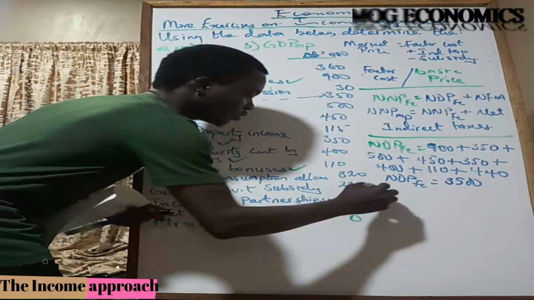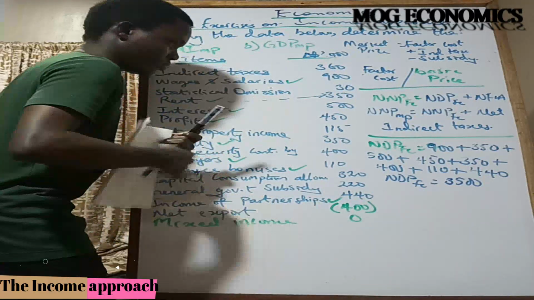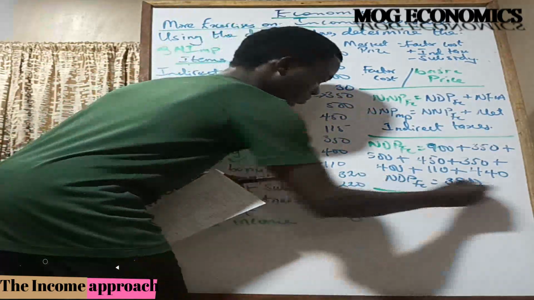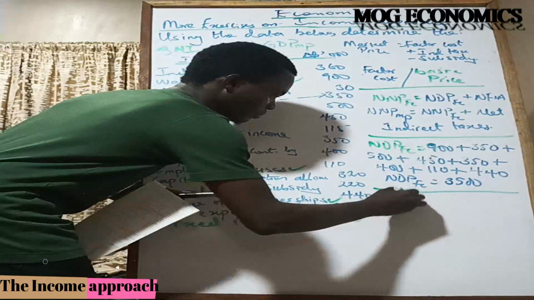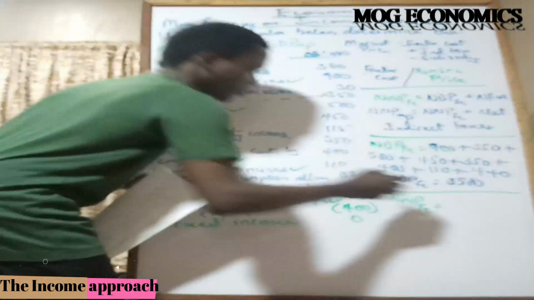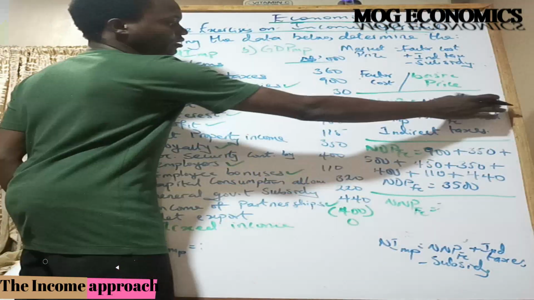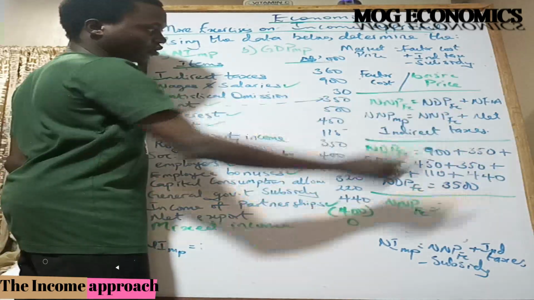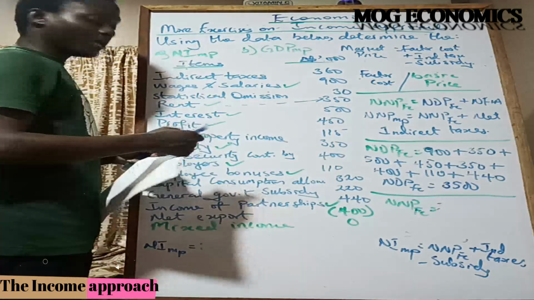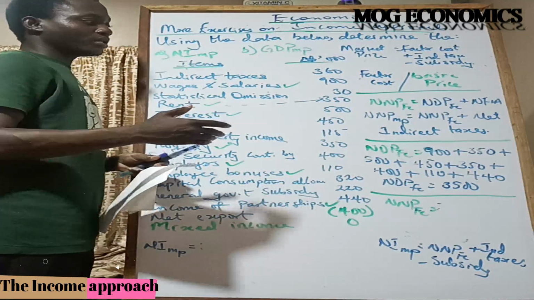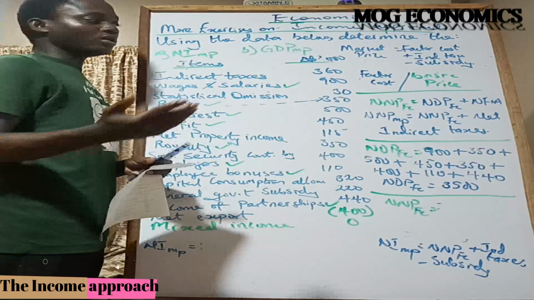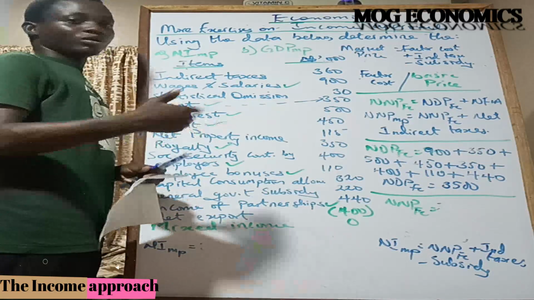Then going on, we now have to calculate our NNP at factor cost. NNP at factor cost equals NDP at factor cost plus NFIA. But remember that I mentioned that whenever you are converting NDP to NNP, if you have a statistical error, you also need to add it.